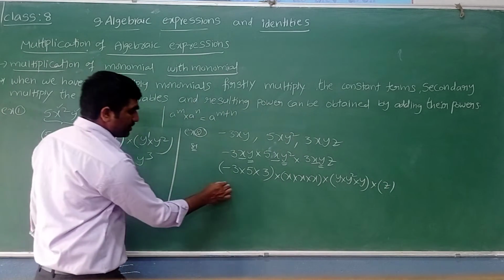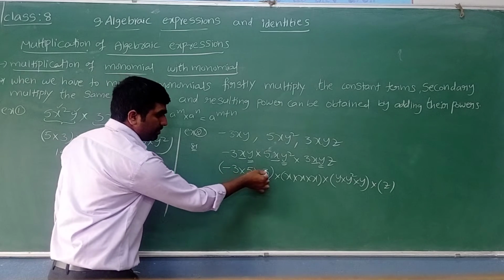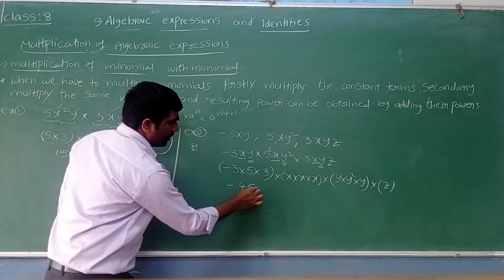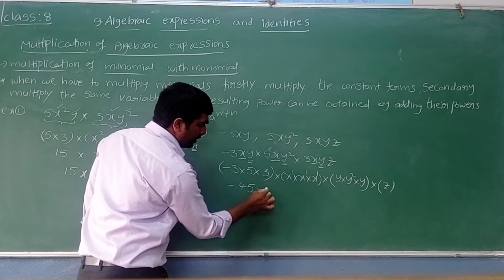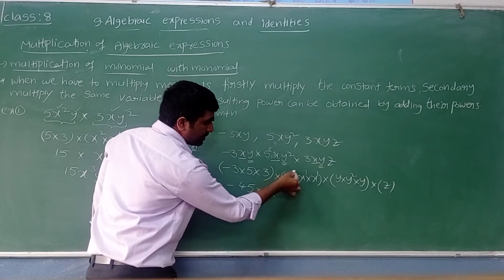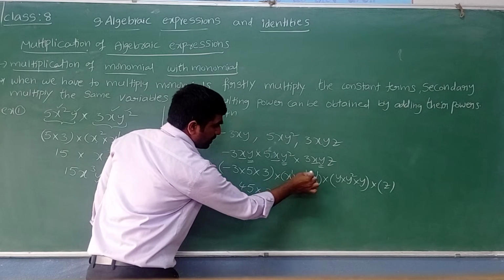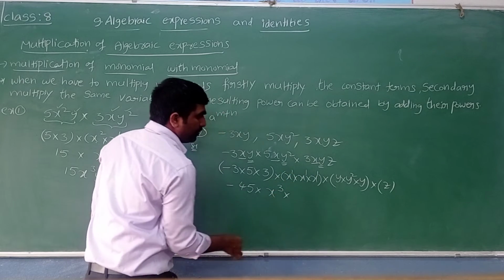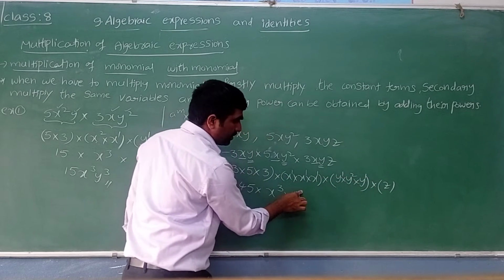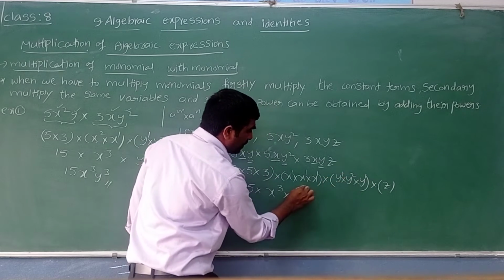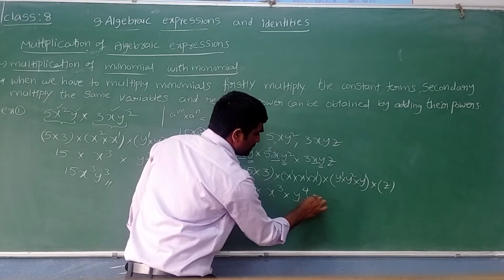So simplify this. Minus 3 fives are 15, 15 threes are 45, into x, and if there is no power we can take 1. The resulting power is by adding those powers, 1 plus 1 plus 1, 3, into y with power 1 plus 2 plus 1, 4, into z.